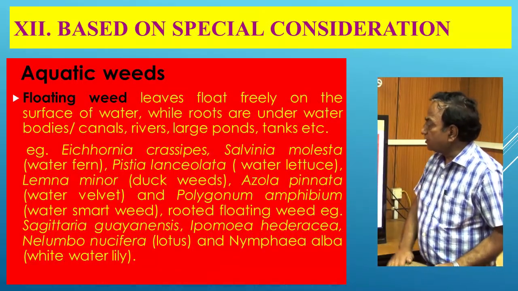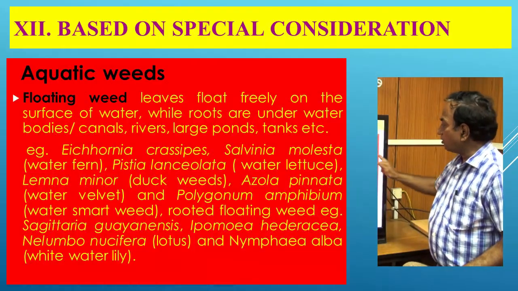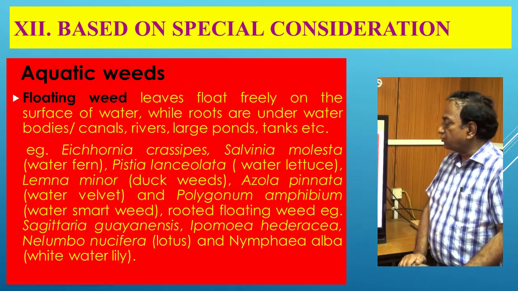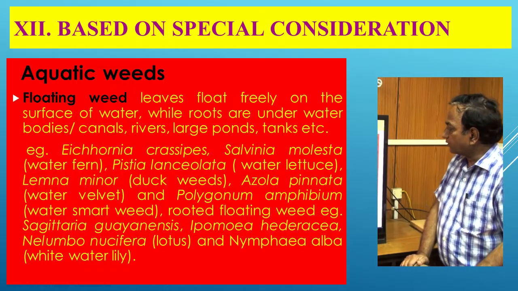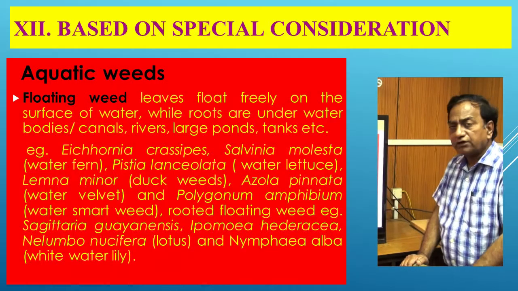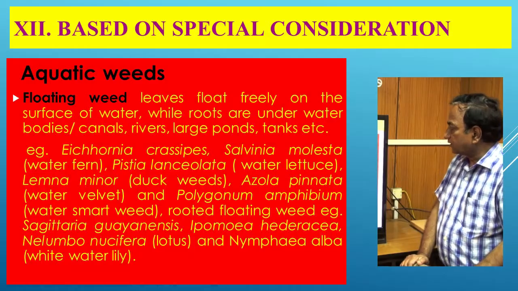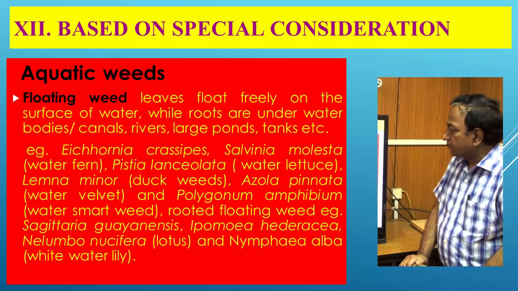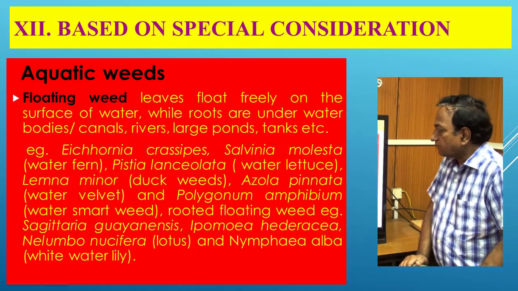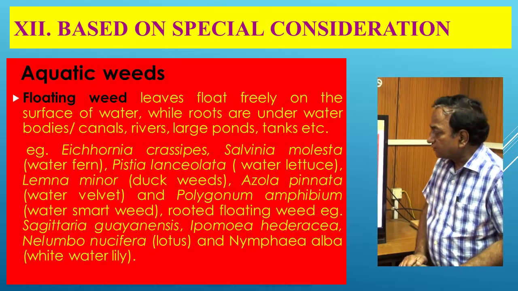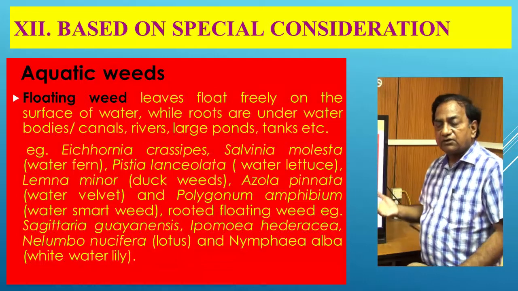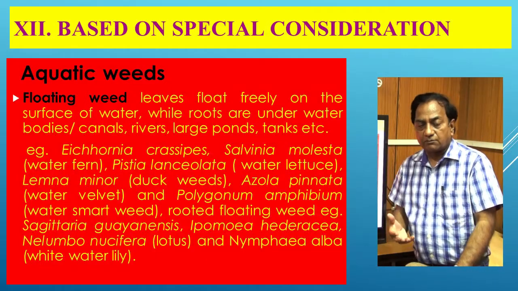So floating weeds are those whose leaves float freely on the surface of water, while roots are under water, in water bodies, canals, rivers, large ponds, tanks, etc. For example, Eichhornia crassipes, Salvinia molesta, Pistia lanceolata, Lemna minor, Azolla pinnata, Polygonum. So these are the weeds which are floating type of weed.